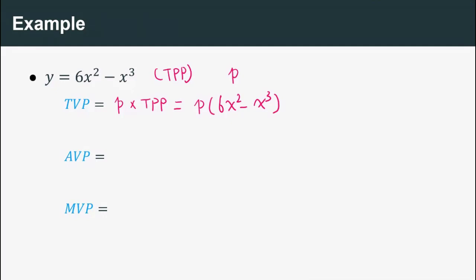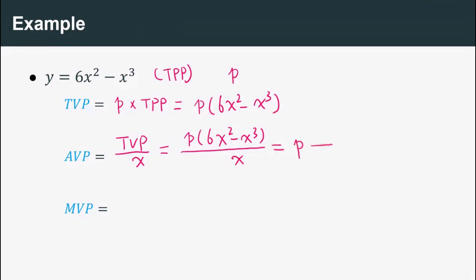AVP is TVP over x, so you can plug in what you wrote for TVP and divide that by x.